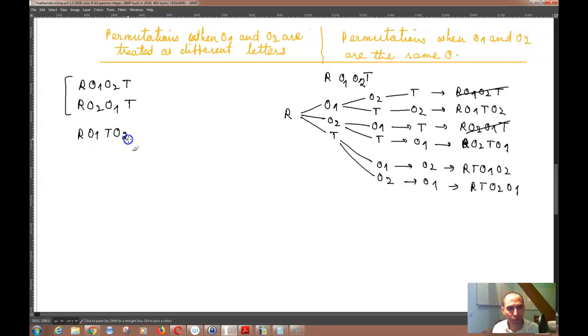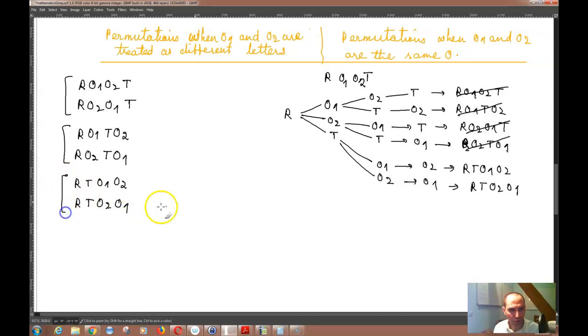And then you have basically RTO1O2 and RTO2O1. So this is for R.